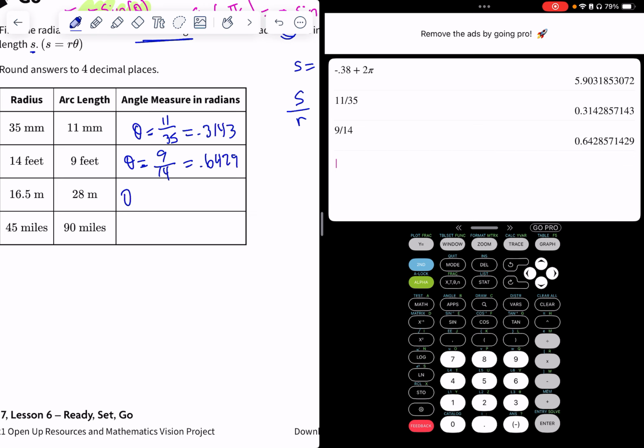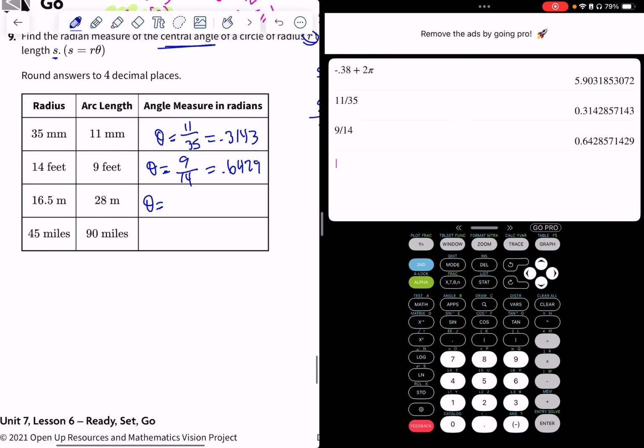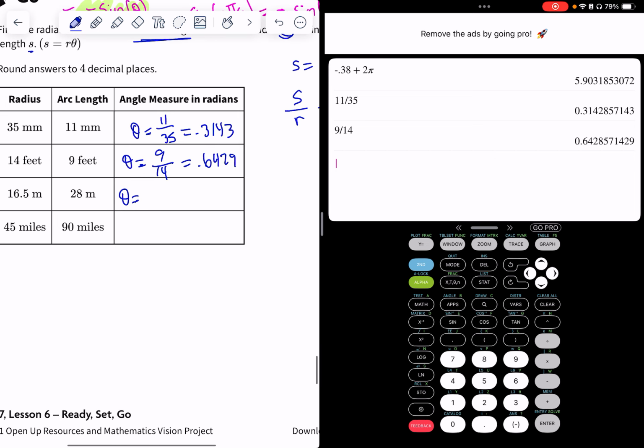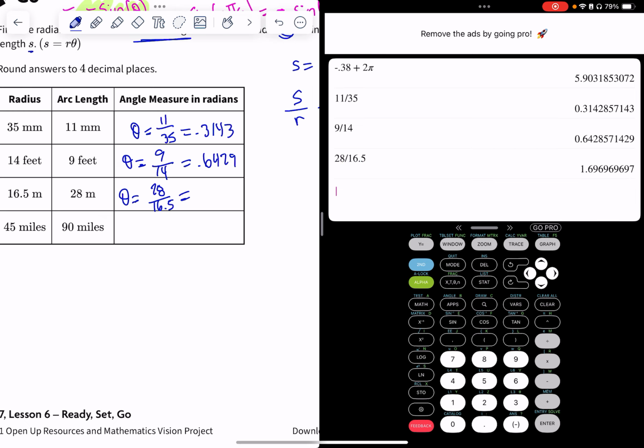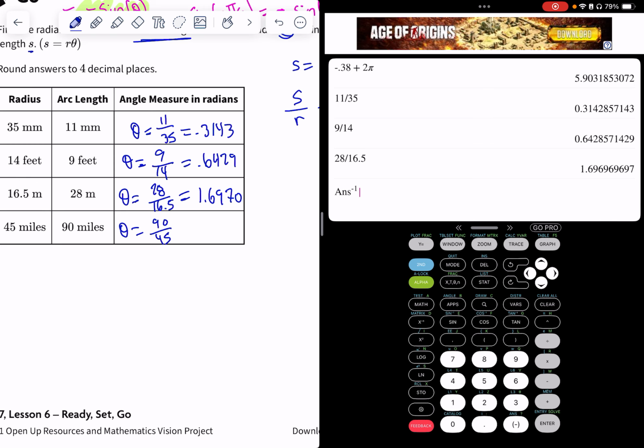Again, my arc length is 28 over 16.5, and I'm left with 28 divided by 16.5, which is 1.6970. And then last but not least, 90 over 45 is just equal to 2.